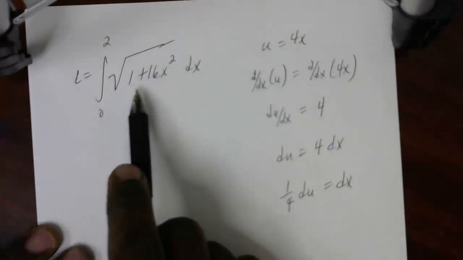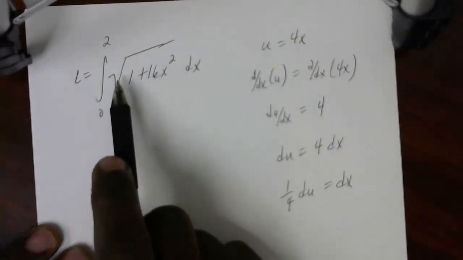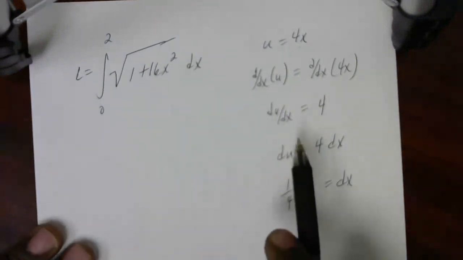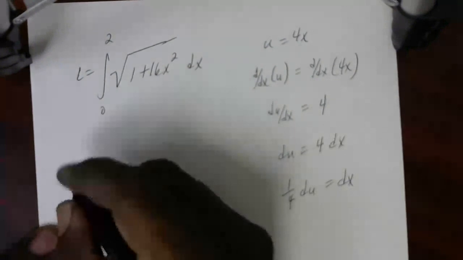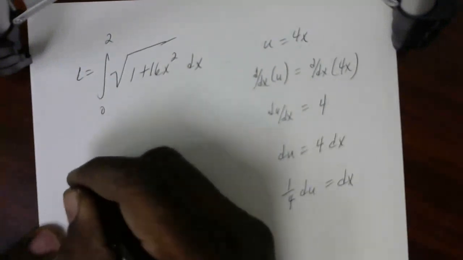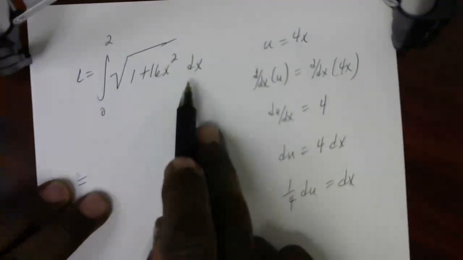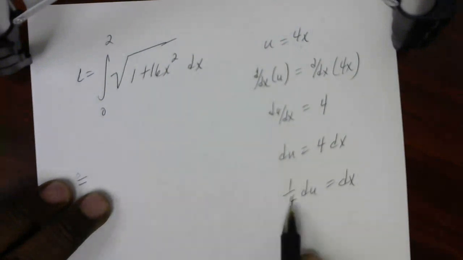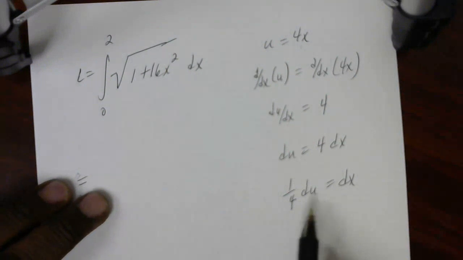Well, this will allow me to rewrite the square root of 1 plus 16x squared dx in terms of u. I can rewrite dx as 1/4 du.